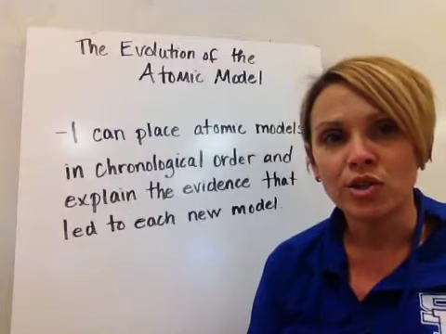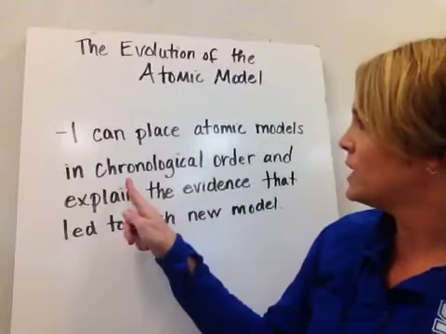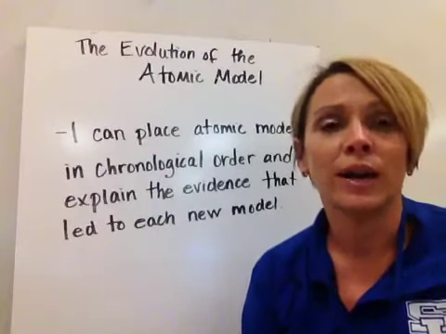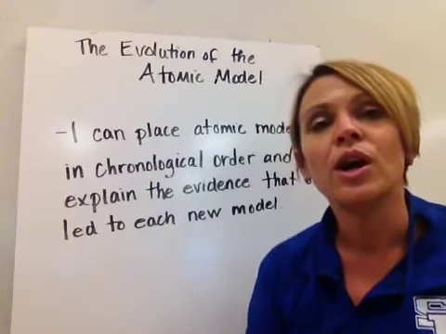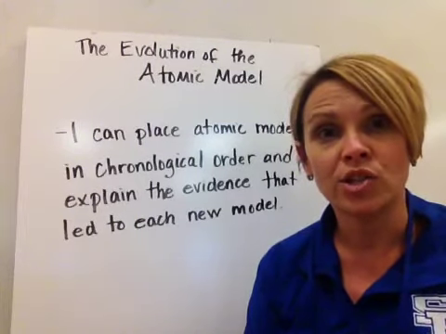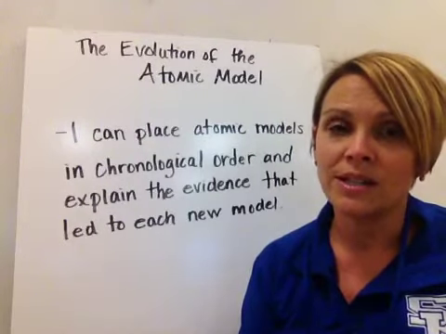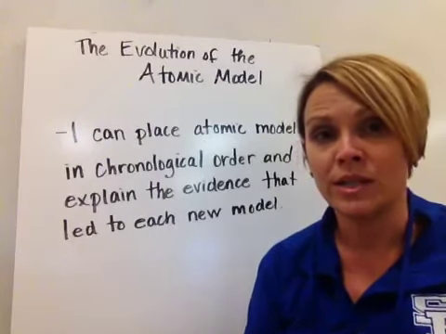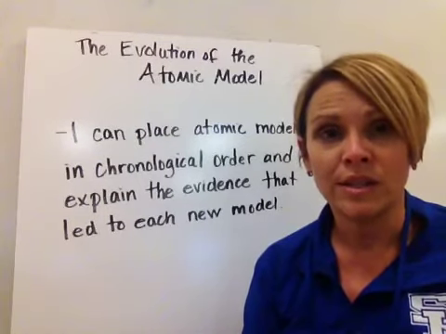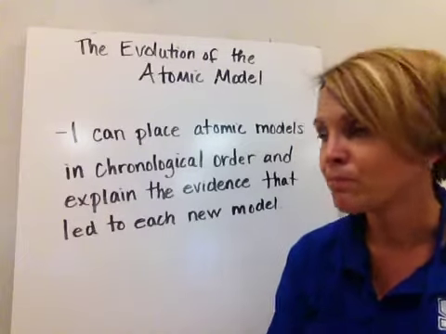First of all, making sure that you understand that placing the models in chronological order means that what I want you to be able to do is to see how the model of the atom has changed over time. So what originally was the model that was accepted in science is not the same model that we see today. And so that's what I want you to really focus on as we go through this, recognizing how the model has changed over time.